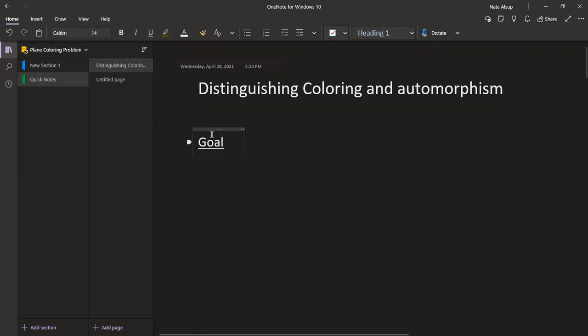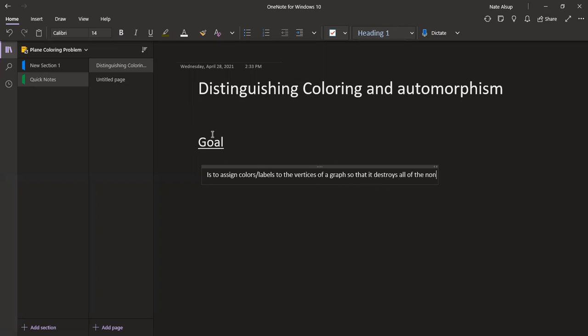All right. So basically, the goal for distinguishing coloring and automorphism is to assign colors or labels to the vertices of a graph so that it destroys all of the non-trivial symmetries.